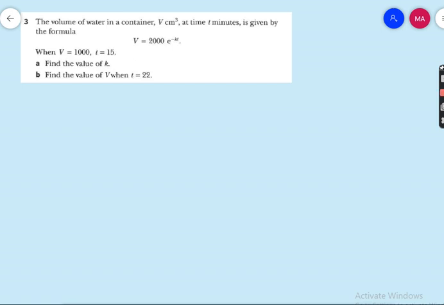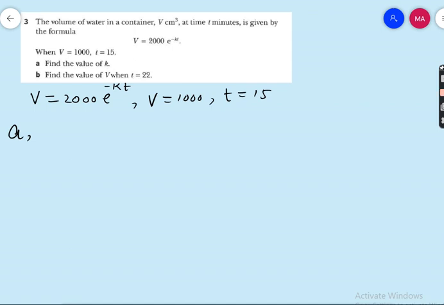The volume of water in a container, V centimeter cube, at time t minutes is given by the formula V is equal to 2000 e power minus kt. When V is 1000, t is 15. Part A, find the value of k. Very easy.